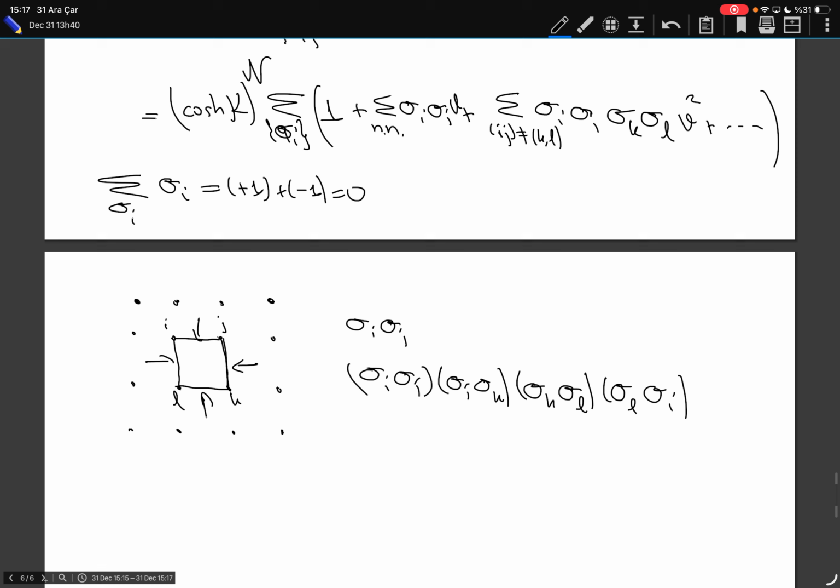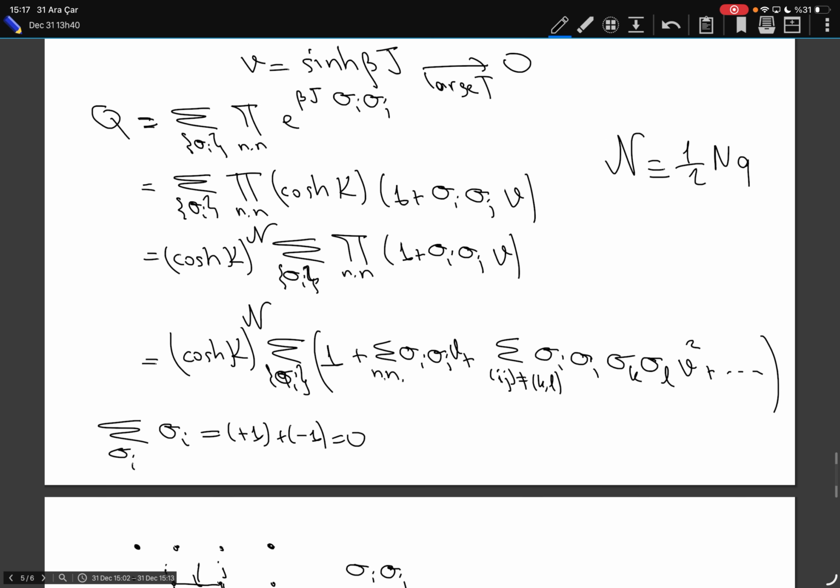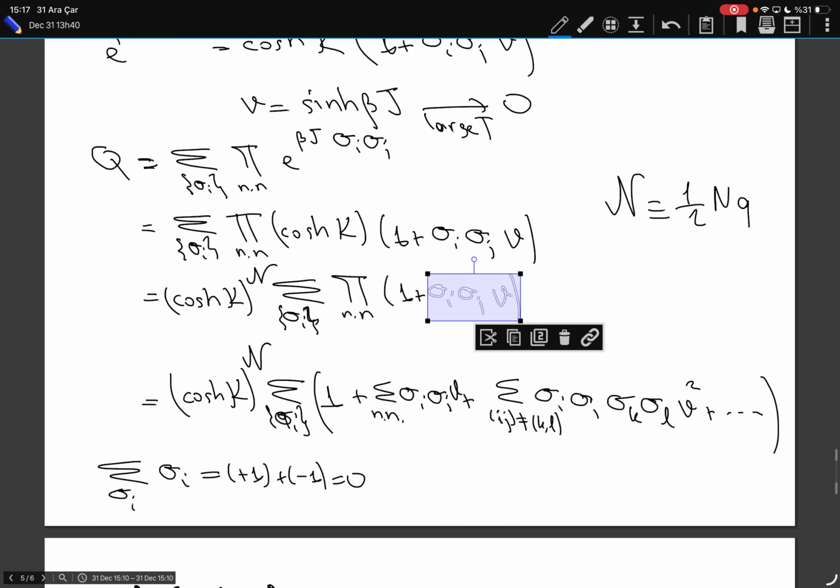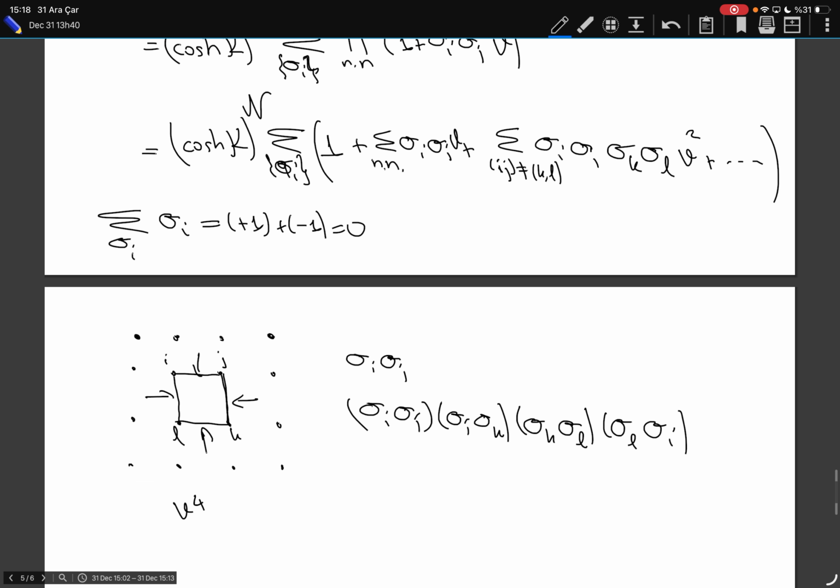So this is essentially a contribution of the order of v to the 4, because remember, each link, sigma i, sigma j, comes with a factor v. There won't be a contribution at v squared or v cubed in the square lattice case.